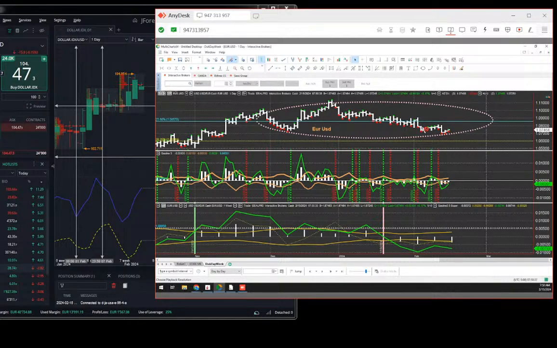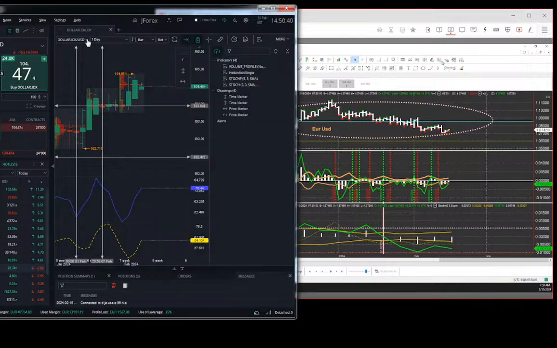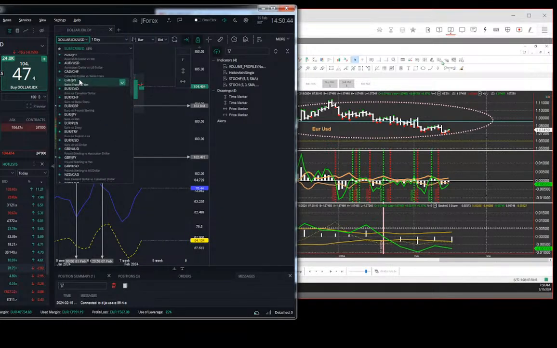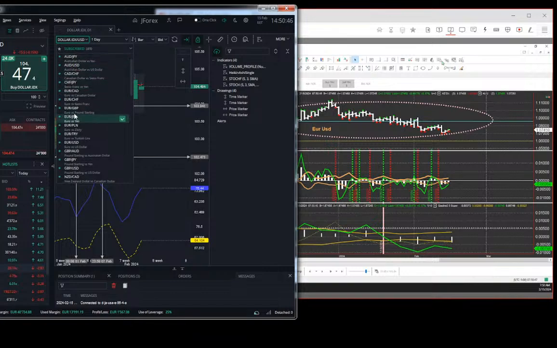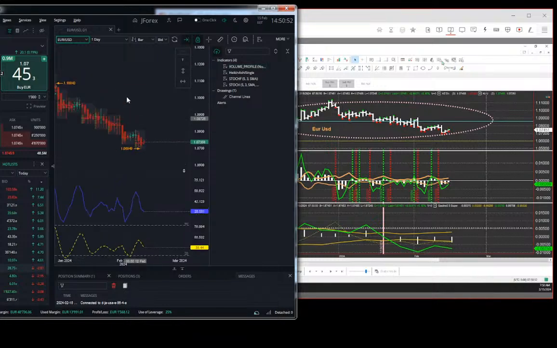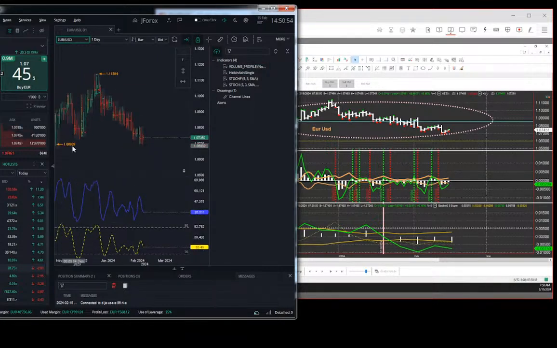Let's take a look at it over here on J4X. Right there it is. You see that drifting down. Not the worst of things, because all we're doing is seeing bottoms from the last 3 months.